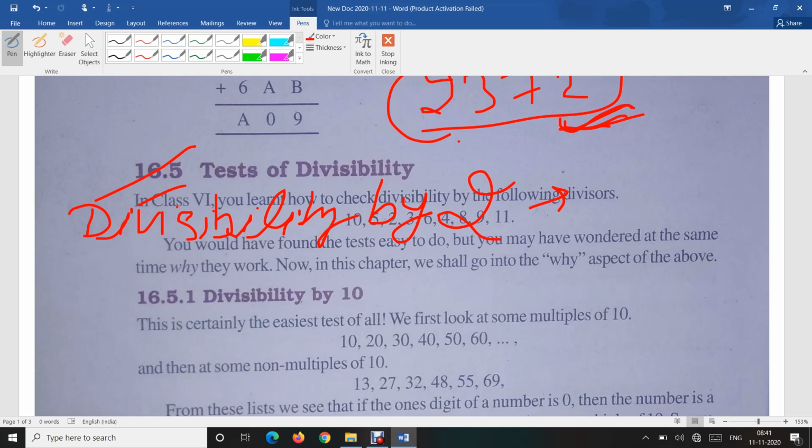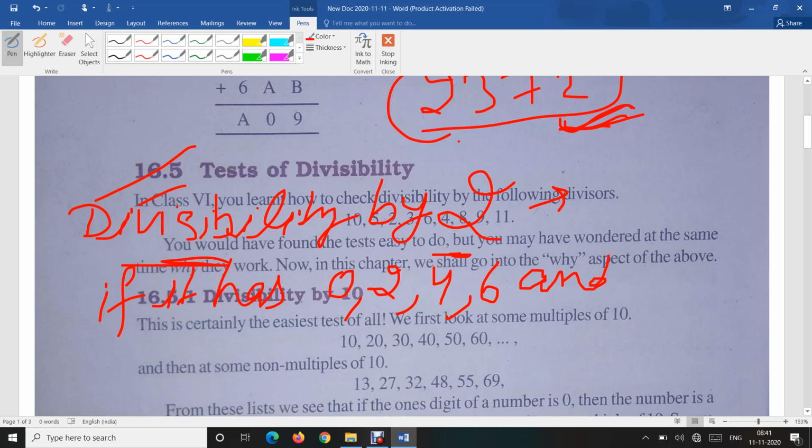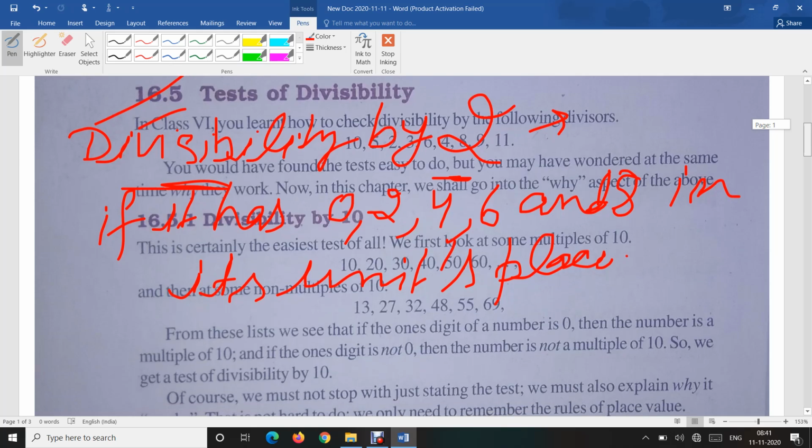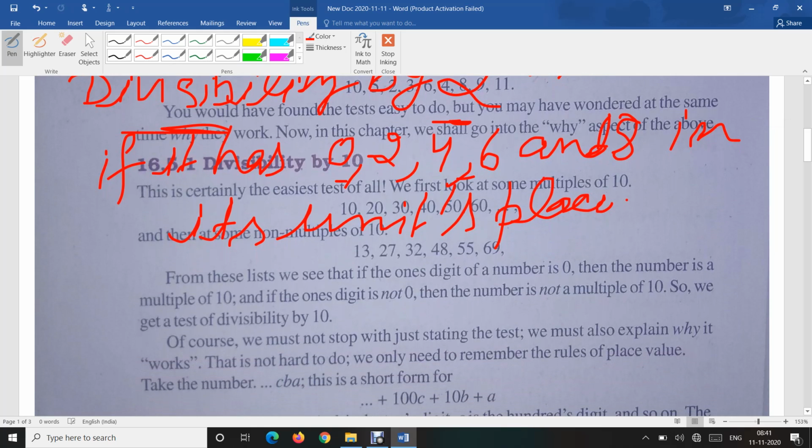See, for that we have a trick. A number is divisible by 2 if it has 0, 2, 4, 6 or 8 in its unit place. That means if any number carries any one of these digits at the unit place, then it must be divisible by 2.